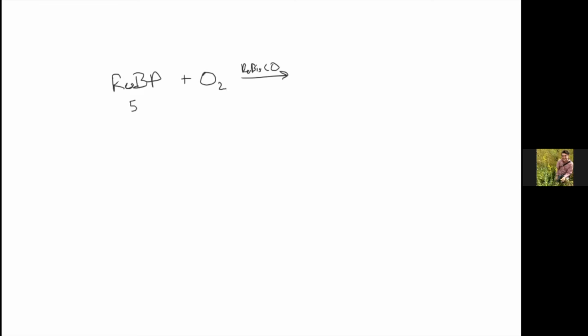Let's count our carbons. We got 5 carbons from the RUBP and we've got 0 from here. So we get 1 molecule of 3 PGA and we get 1 molecule of 2 PG. You can't make glucose out of 5 carbons. It's a 6-carbon molecule.